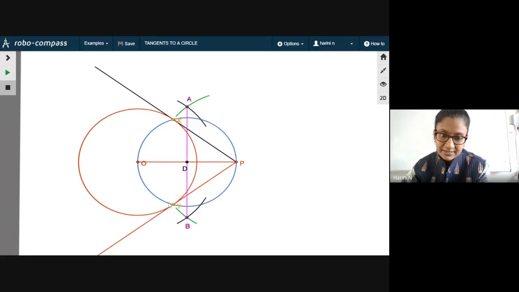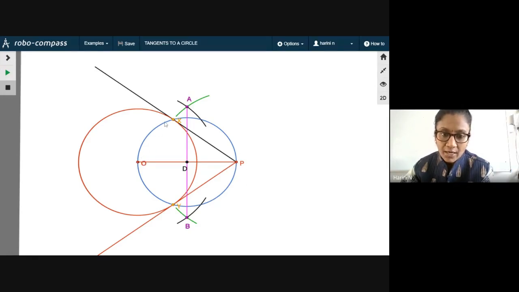Now this is 90 degrees because I know the angle in a semicircle will always be equal to 90 degrees. So when you join OX and OY, those happen to be the radii of the original circle, that is the red circle. Now look at OX in terms of the blue circle. OXP is the angle in the semicircle with OP as the diameter, which is the blue circle.